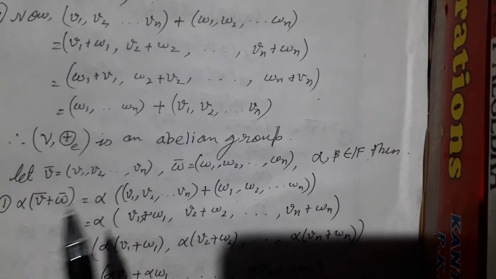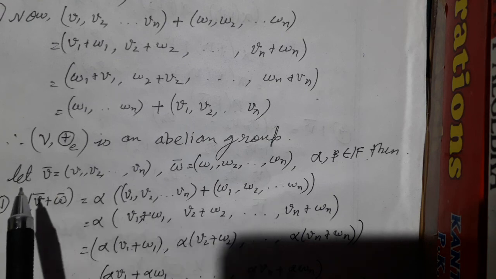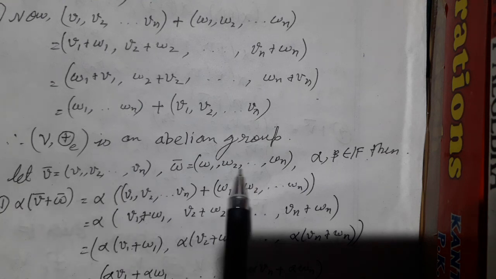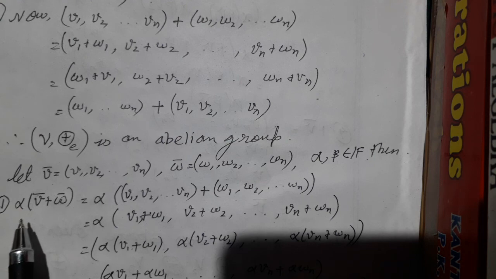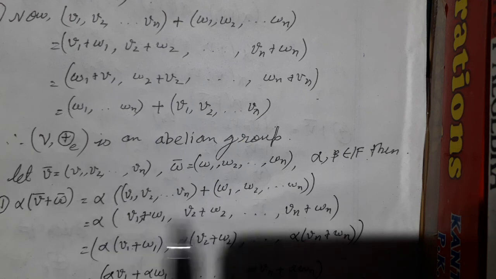Now we'll try to prove the fourth condition of the vector space. I take a vector V to be this and W to be this, and I take two scalars. Then the first condition: we add two vectors coordinate-wise.